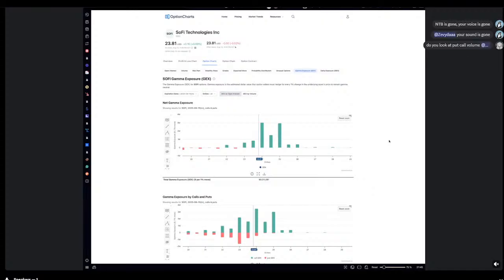The strikes are no closer together, but you have a bigger percentage difference between the strikes. So for Sophie to go from 24 to 25, that's what, like a 3% difference? I don't know off the top of my head, honestly.